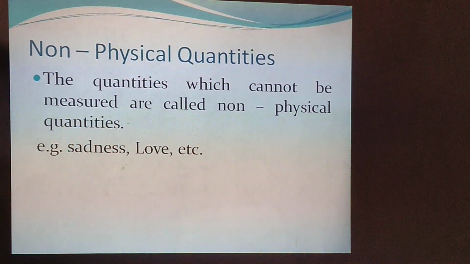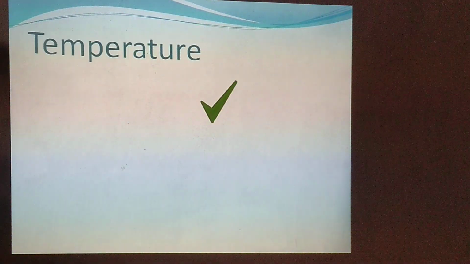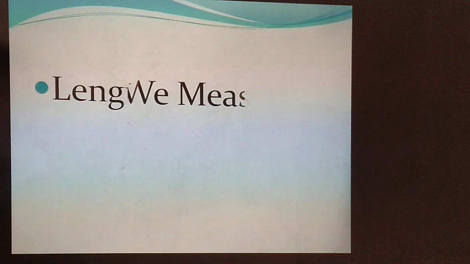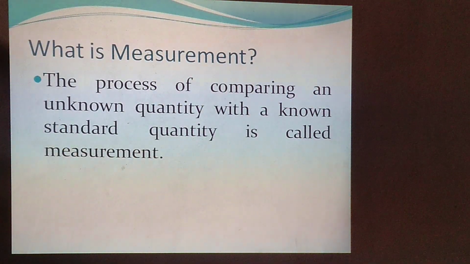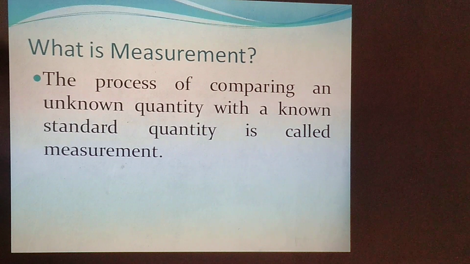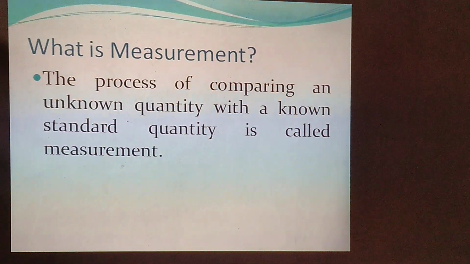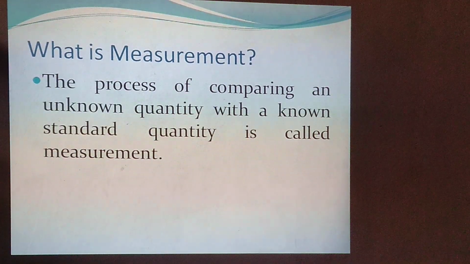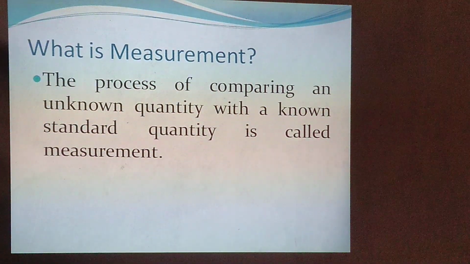I have already shown you what measurement is. It is nothing but the process of comparing an unknown quantity with a known standard quantity. You have to learn what measurement is, what physical quantities are, and what non-physical quantities are.